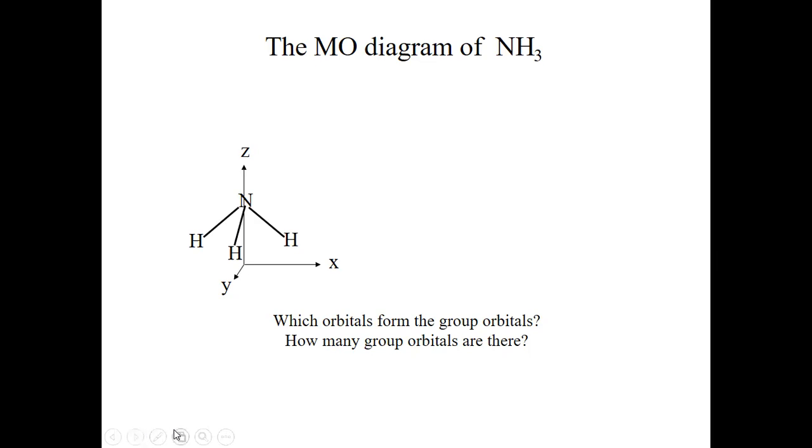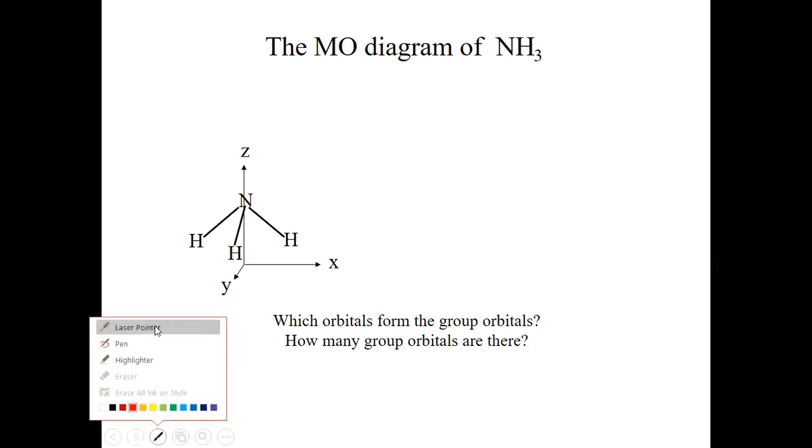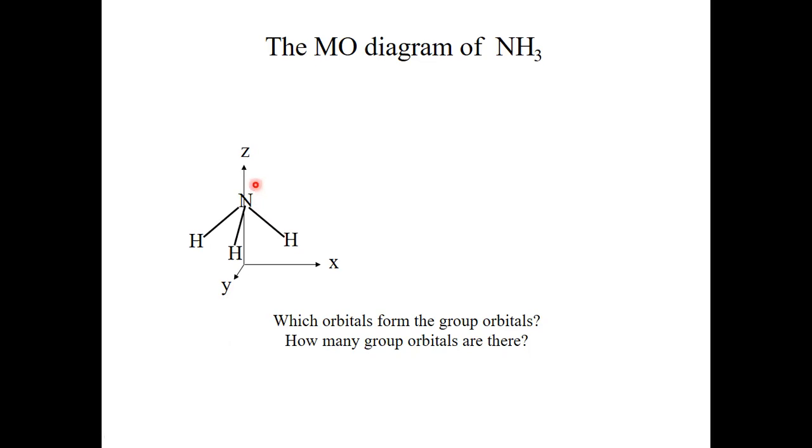And one sensible coordinate system is shown here. So we have here the x-axis pointing to the right and the z-axis pointing to the top. And the ammonia molecule is oriented so that one of the three NH bonds is in the xz plane, okay?